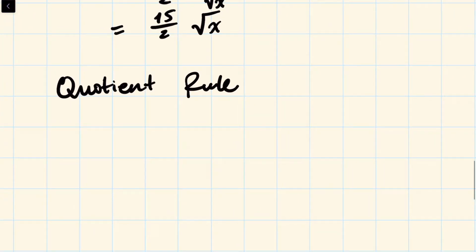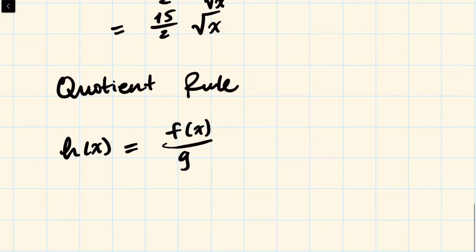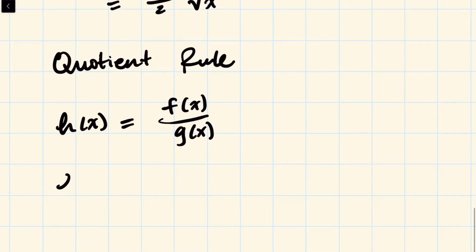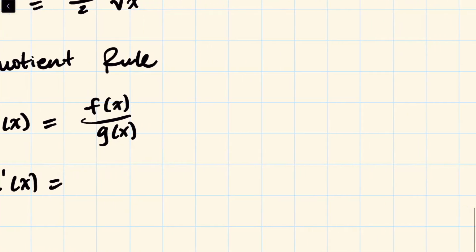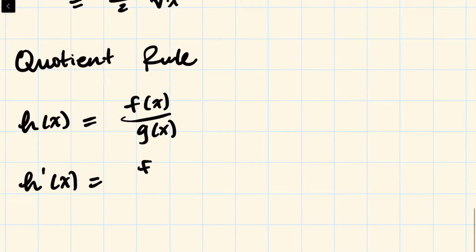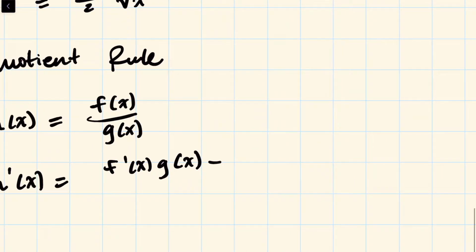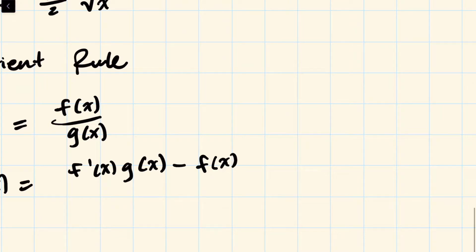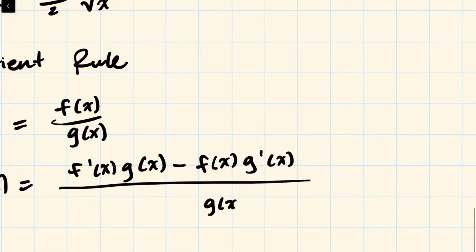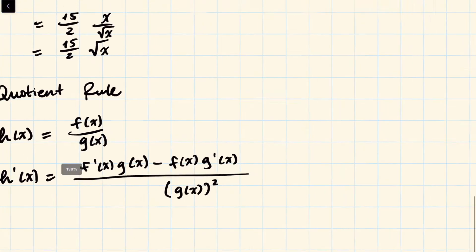So if we have h of x equals f at x over g at x, our derivative is going to be, let's see if I can remember this correctly, f primed at x times g at x minus f at x g primed at x all over g of x all squared. Okay, let me just confirm that. Yeah, that's correct.